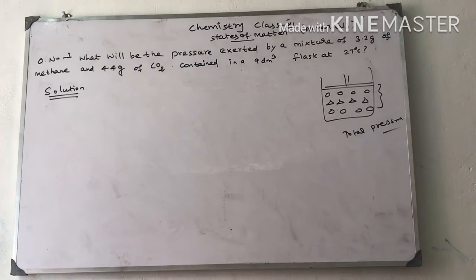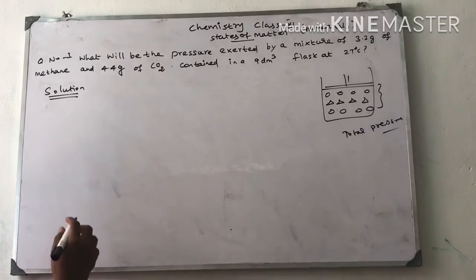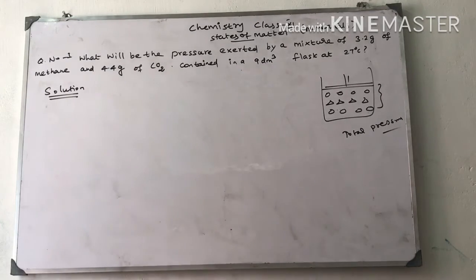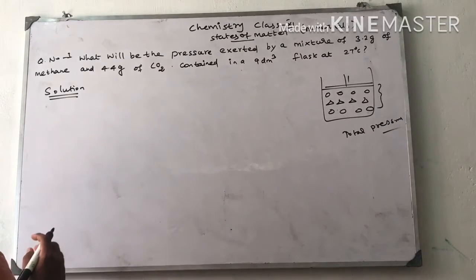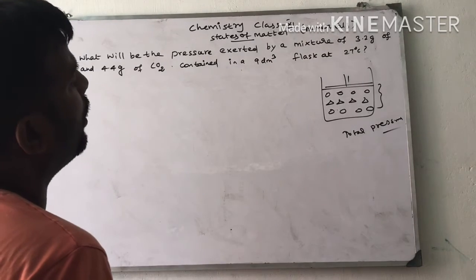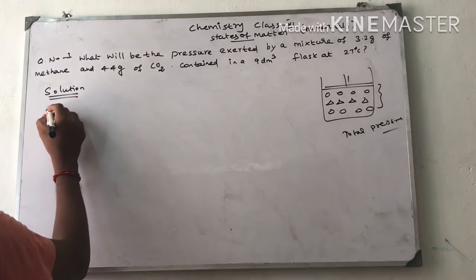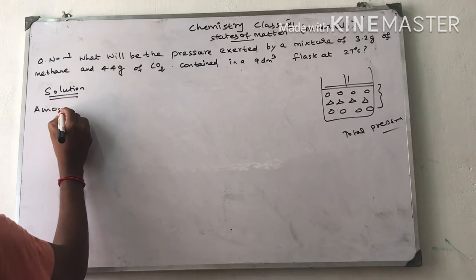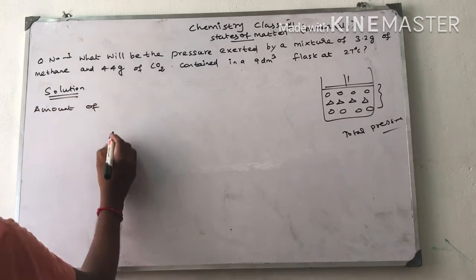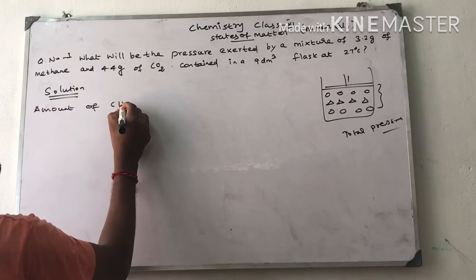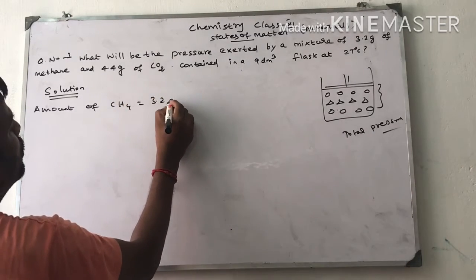Now, what will be the pressure exerted by the mixture of 3.2 gram of methane and 4.4 gram of carbon dioxide contained in a 9 decimeter cube flask at 27 degrees Celsius? First we have to find the amount of methane, which is 3.2 grams.